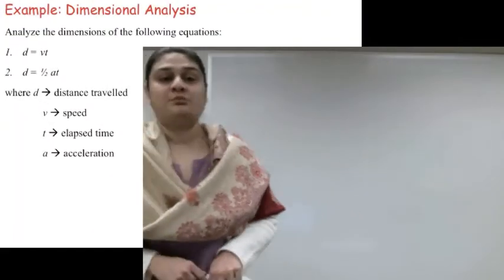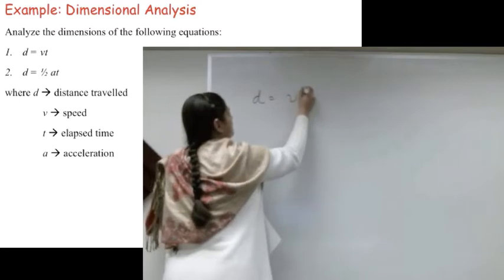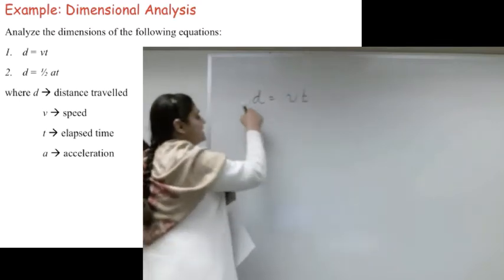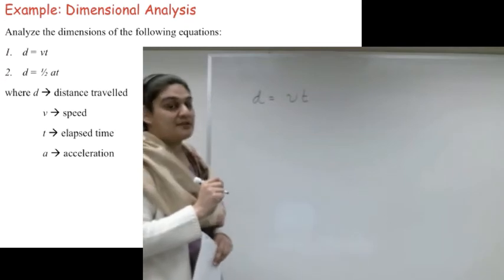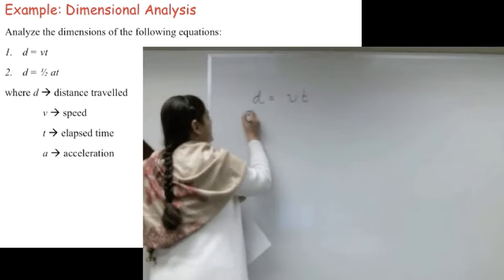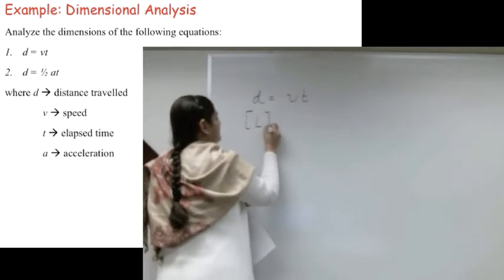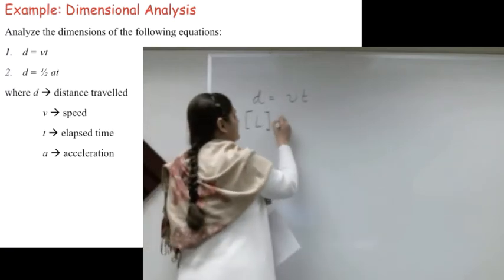So, question number 1. d equals vt. d is the distance traveled. The SI unit for distance traveled is always meter. So dimensionally, the left-hand side will be length, because length is the dimension of meters. v is the speed.